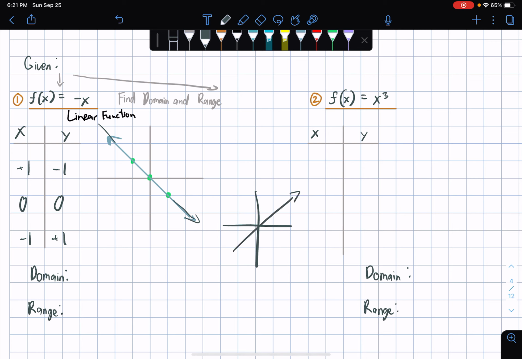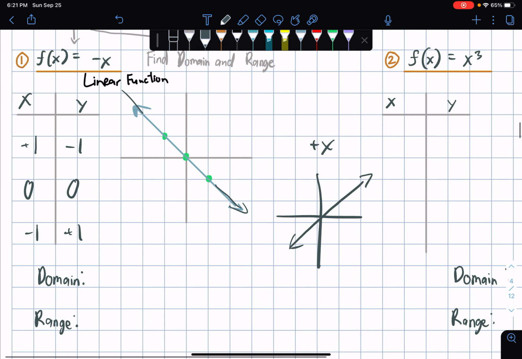In a Cartesian plane, usually if this was positive x, then the graph would look like this. And in that sense, the domain and range of these graphs, negative or positive x, they both have the same domain and range. So obviously for a linear function, domain and range are both the set of all real numbers. In other words, negative infinity to positive infinity.